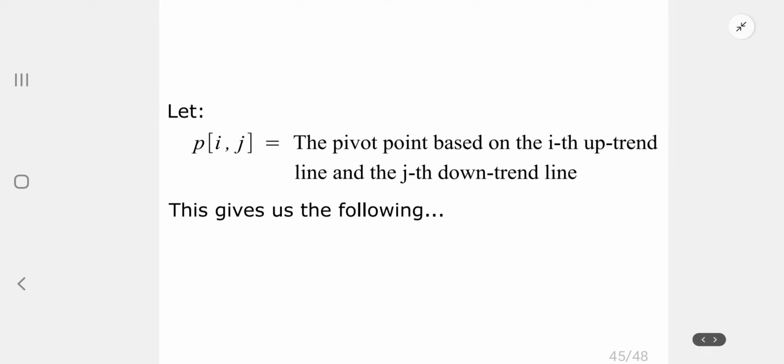Let P of ij equal the pivot point based on the ith uptrend line and the jth downtrend line. This gives us the following.